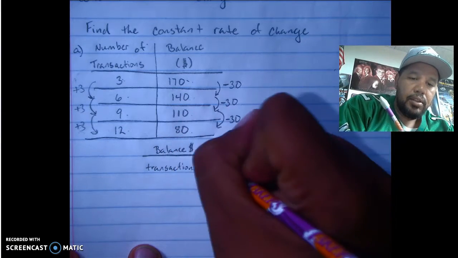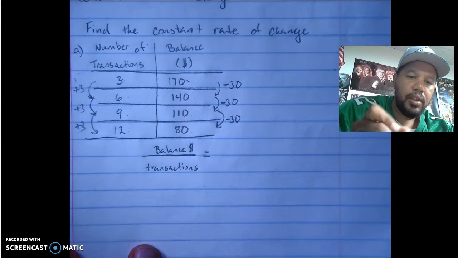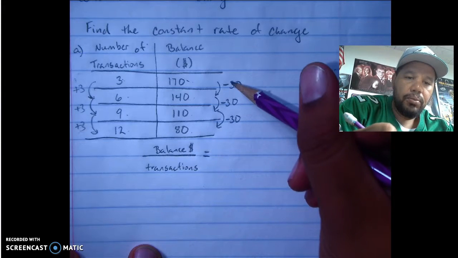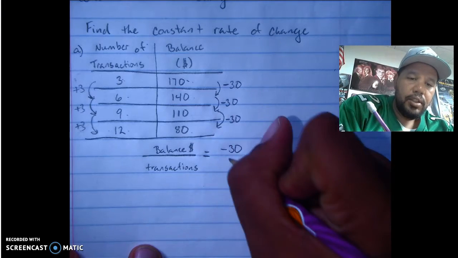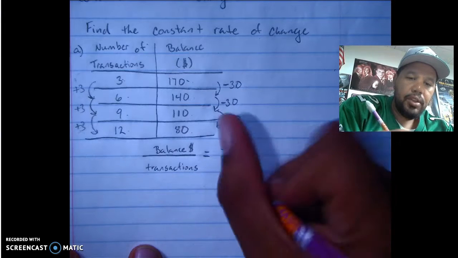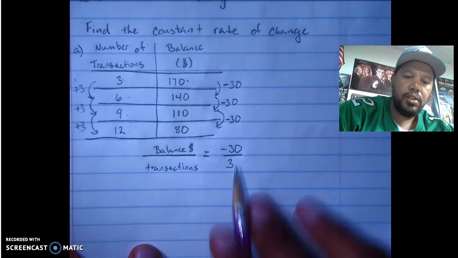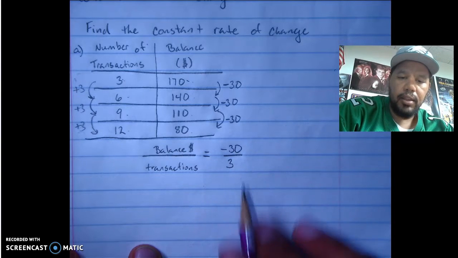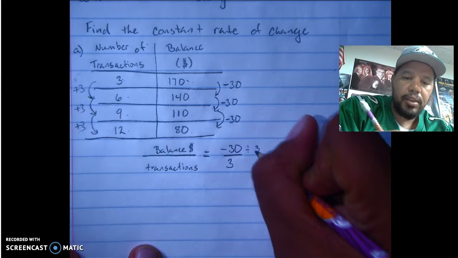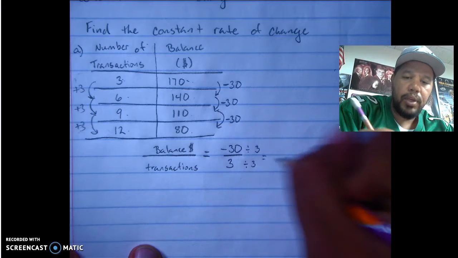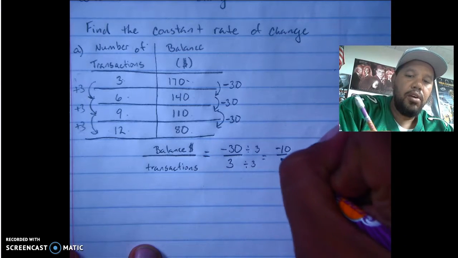If we write the ratio, the change is negative $30 for every 3 transactions, and this is a fraction, so we can simplify it. We can divide the top and bottom by 3. We get negative 10 over 1.